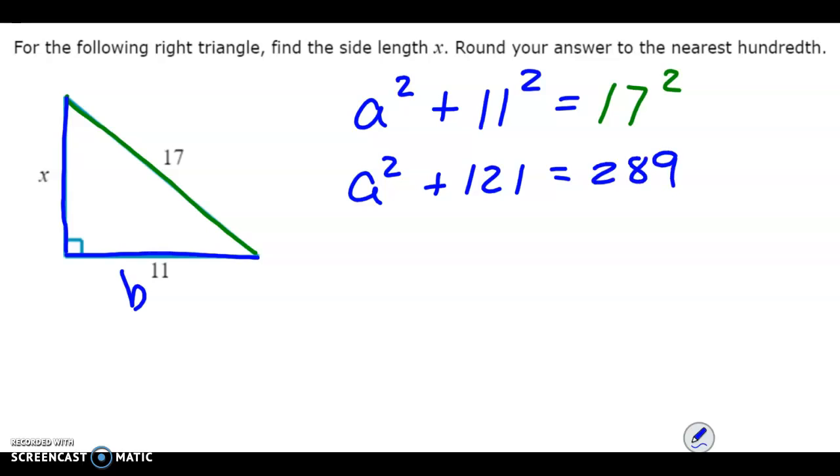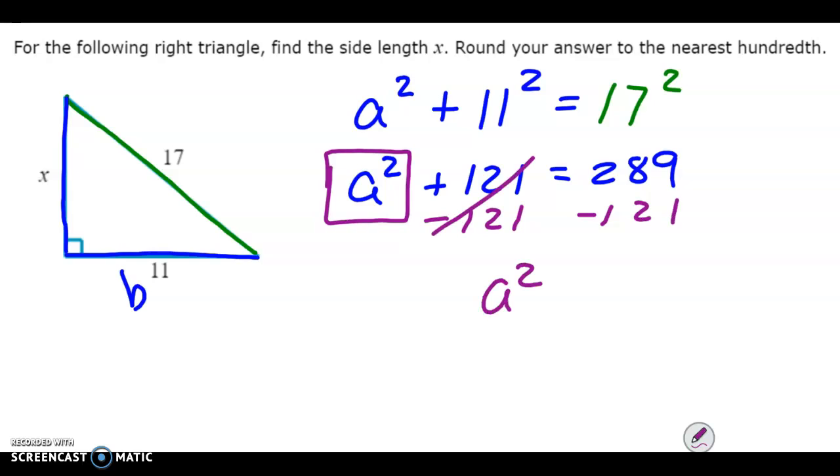Now to get that A alone, before we can take the square root of anything, we've got to make sure that A squared is all alone on one side. So we're going to do the inverse and subtract 121 from both sides. We end up with A squared equaling 168.